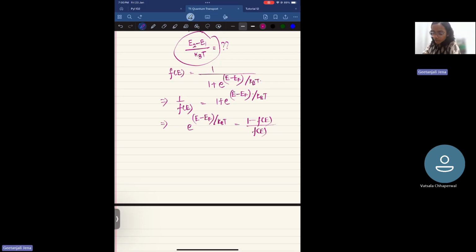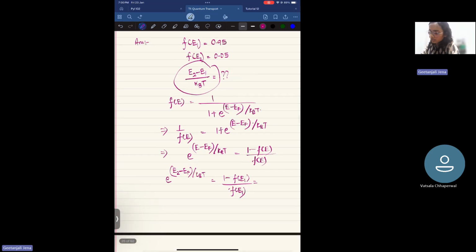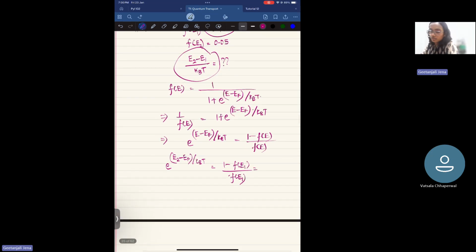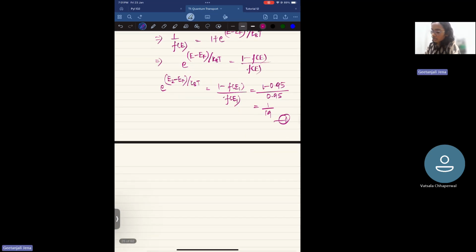Now we'll put E1 and E2. So e to power (E1 minus EF) by KBT will be (1 minus f of E1) divided by f of E1. f of E1 is given, it is 0.95. So 1 minus 0.95 over 0.95, this is 1 by 19. This is the first relation.